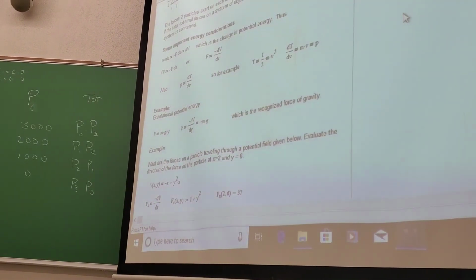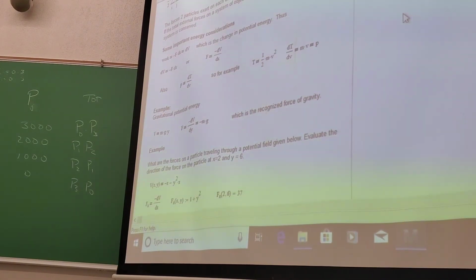Well, if the particle is over here, then there is a negative force acting on it to try to bring the particle down here. Let's think about this: a ball in a well on Earth. The force of gravity is going to try to pull that down. That is minus dV/dx, or the slope at that point.